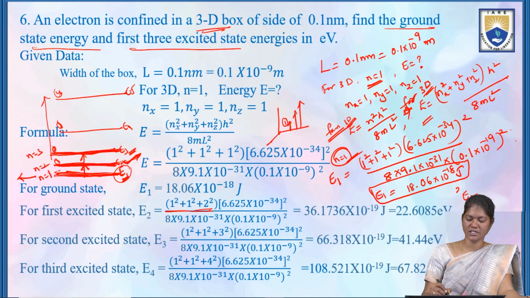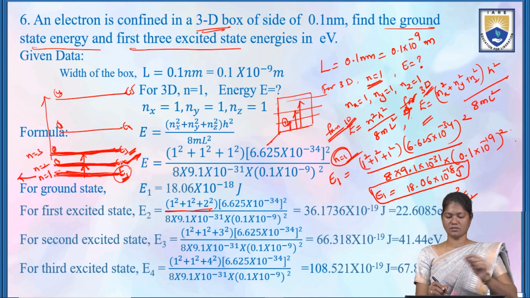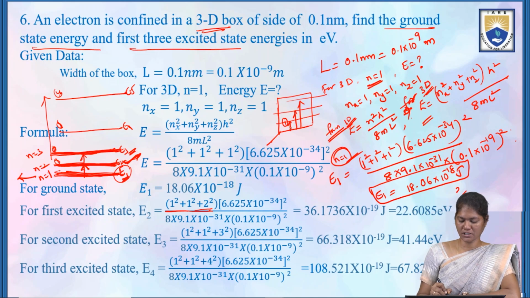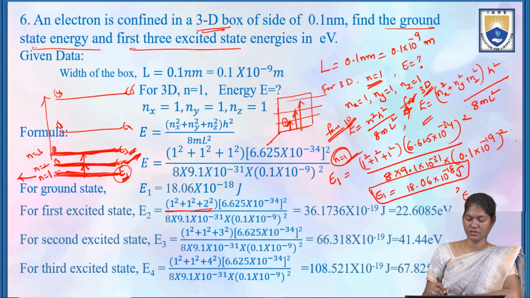So this is the first excited state. If we take the box, the particle will be excited in the z direction, so z, y and x.